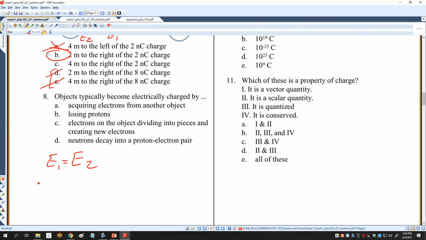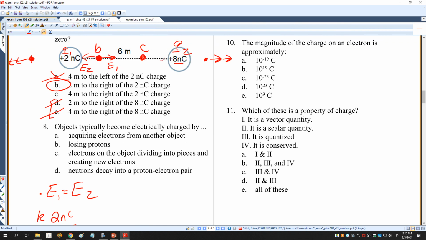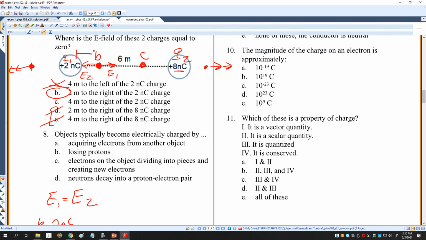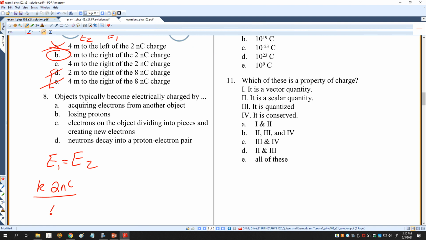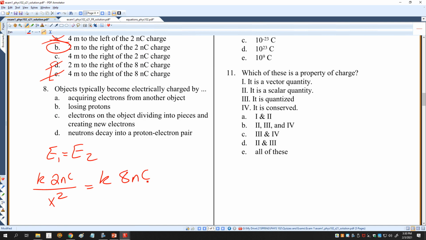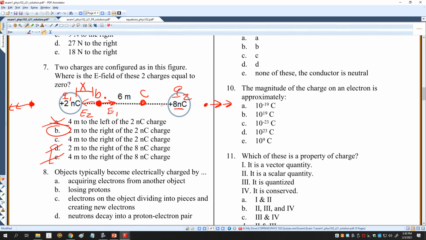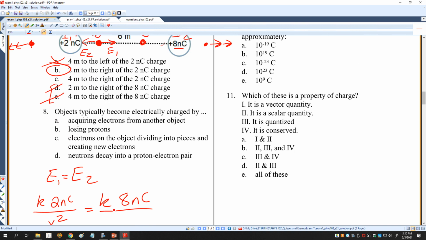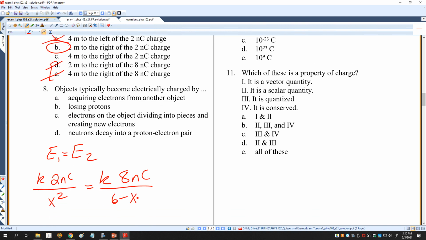So that's going to be K times 2 nanocoulombs divided by, let's call this X, divided by X squared. That has to equal K times 8 nanocoulombs divided by, I want to know what this distance is, and whatever that is, it's going to be 6 minus x squared.